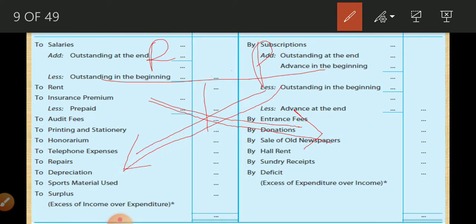Then you have to put the adjustments for outstanding, accrued, prepaid, advance. Then you have to put the adjustment for depreciation, any interest received or interest paid, and your income and expenditure account is ready. Now this I call the X method or the cross method. So keep in mind, revenue will go to the opposite side income and payment will go to the opposite side expense. Okay, is it clear?